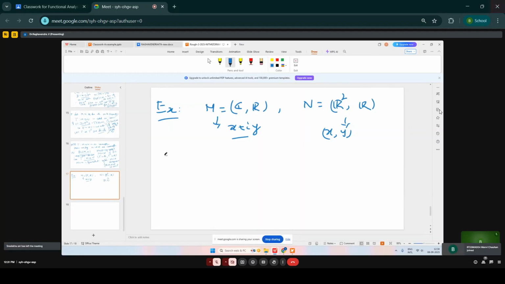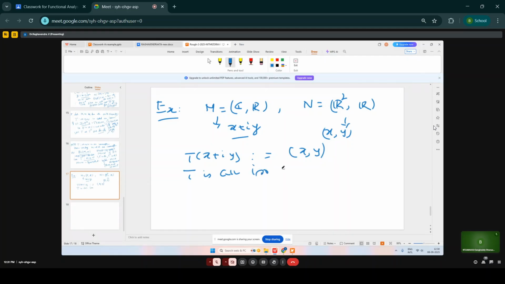The element here is denoted by (x, y). So you take this x plus iy, and T of x plus iy you define as (x, y). Then this T is an isomorphism from M to N.